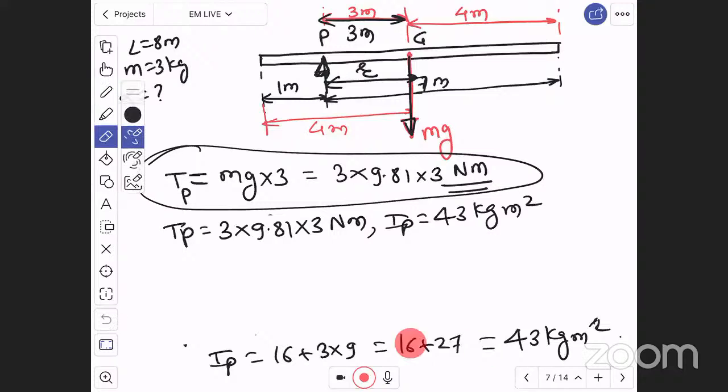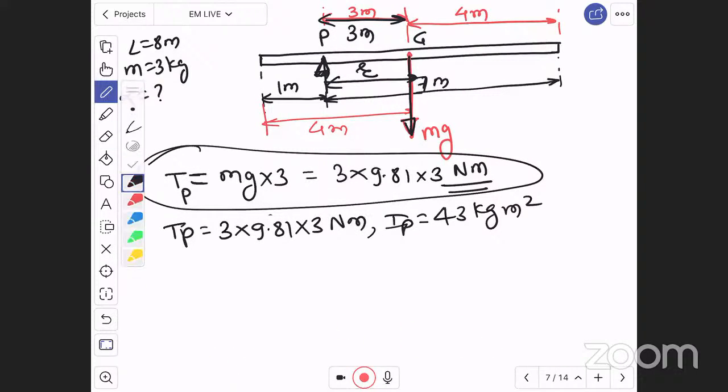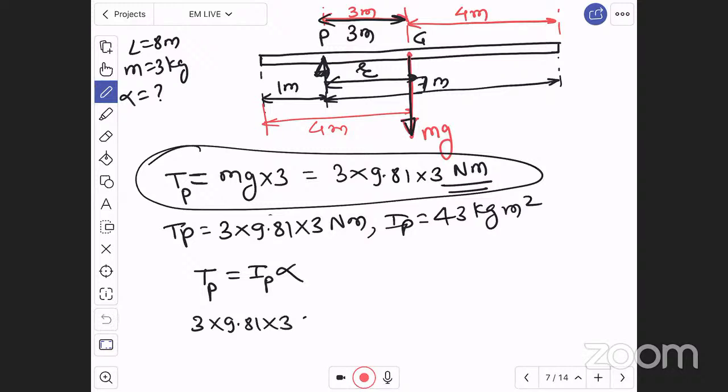And my dear students, we know that torque is equal to I alpha. If I want to consider torque about P, then we have to consider I about P. Now, torque about P is 3 into 9.81 into 3, which is nothing but 43 into alpha.